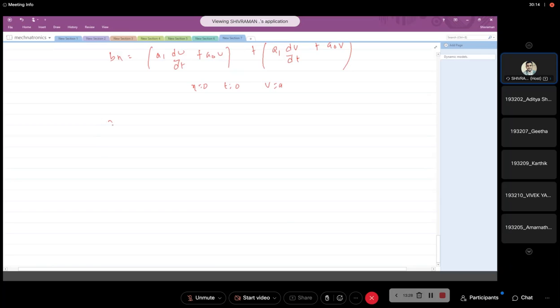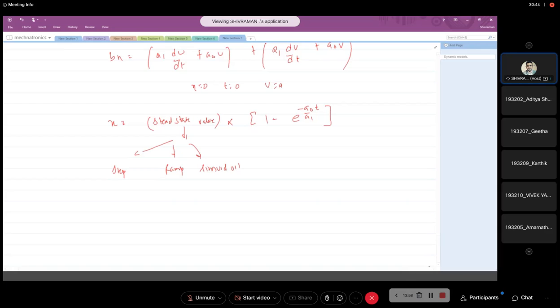Finally, you will get an equation in terms of x is equal to the steady state value into something. This steady state value is dependent upon the type of input. Let's say you have step, ramp, or sinusoidal. Based on this, you will get the value.